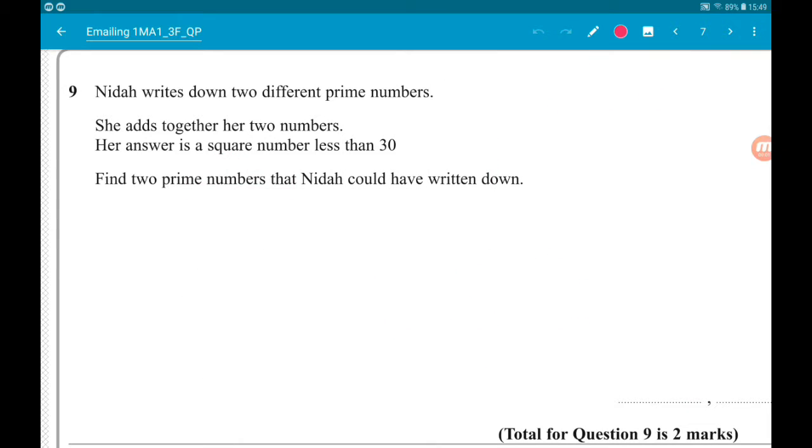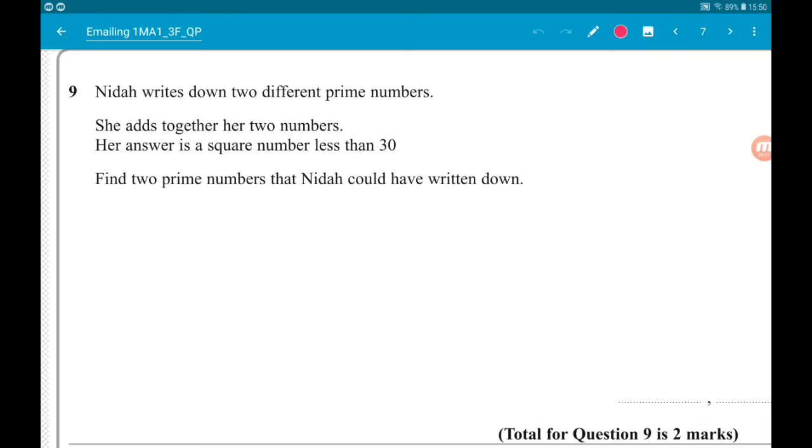Okay, number 9. Nida maybe writes down 2 different prime numbers. She adds together her 2 prime numbers, and her answer is a square number less than 30. We want to find 2 prime numbers that Nida could have written down.